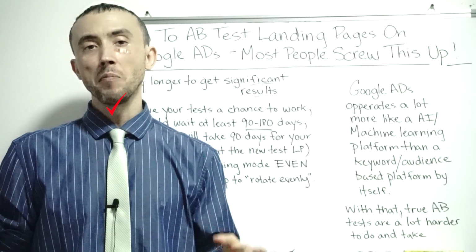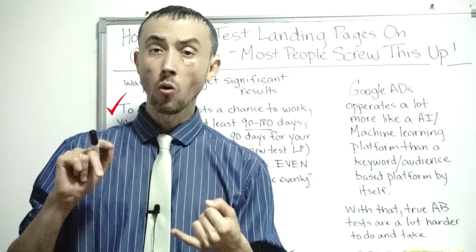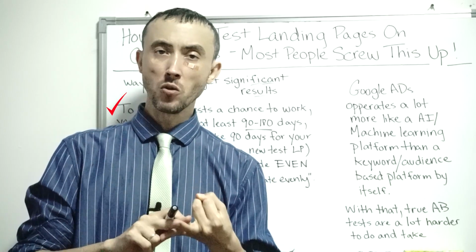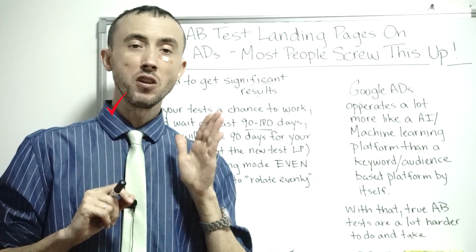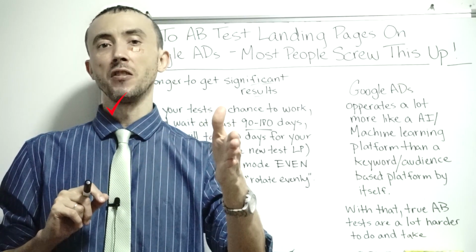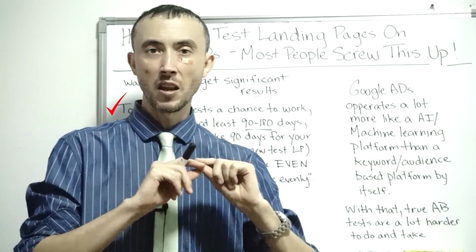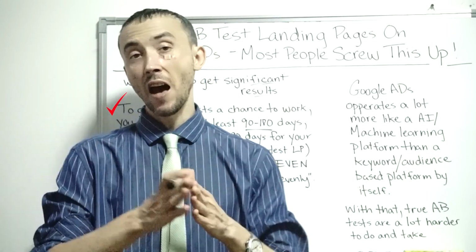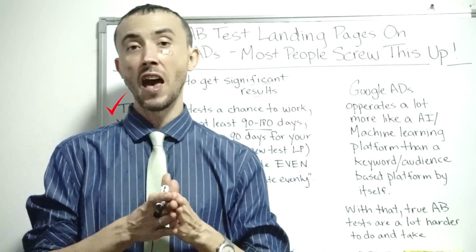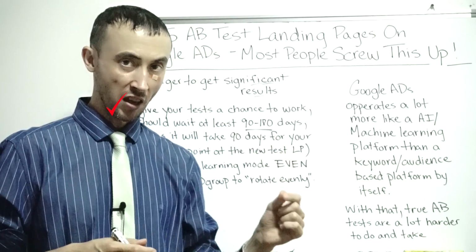And if you're thinking, by the way, you could use a tool like Optimizely or Visual Website Optimizer so that you don't have to have a new ad, and you could just dynamically on the server side, or on the website side, have it so that if somebody goes to a URL, half of the people are redirected to a new page, and half of the people are not redirected and see the normal page they're supposed to see after clicking on your ad.